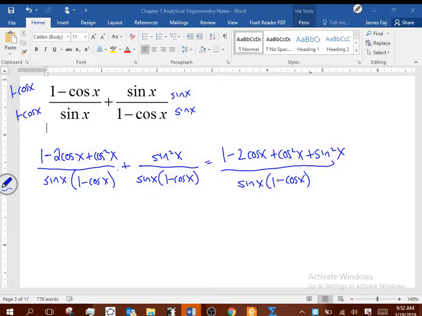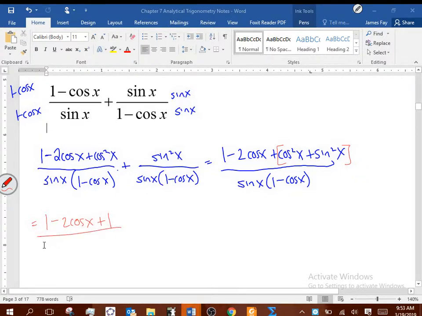We were able to find holes and asymptotes only when things were factored in the bottom, right? So here, we're only going to be able to find things that cancel out if the bottom's factored. So leave it alone. Don't multiply that out on the bottom. But what can you do up top? Yeah, the associative property says we can group those and make them 1. So it turns into 1 minus 2 cosine x plus 1 over sine x times 1 minus cosine x, right?